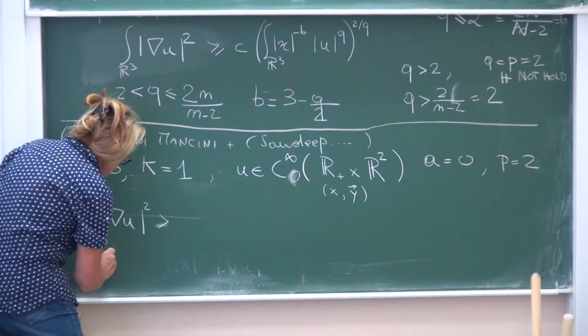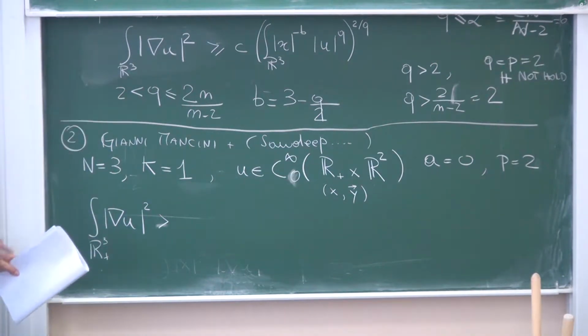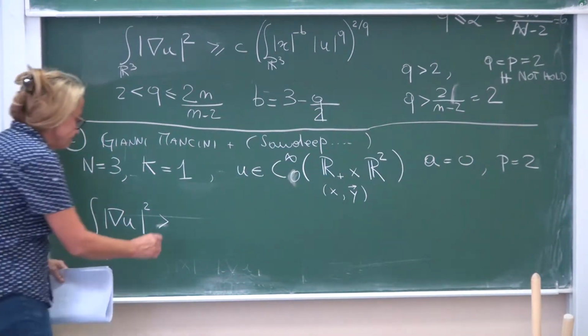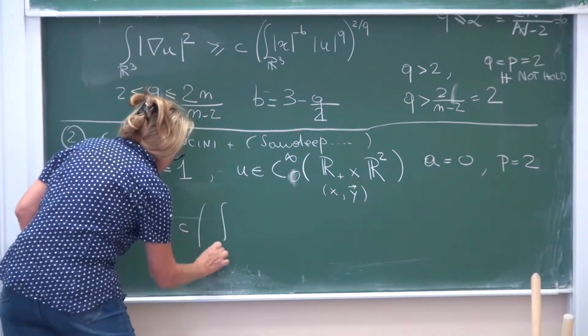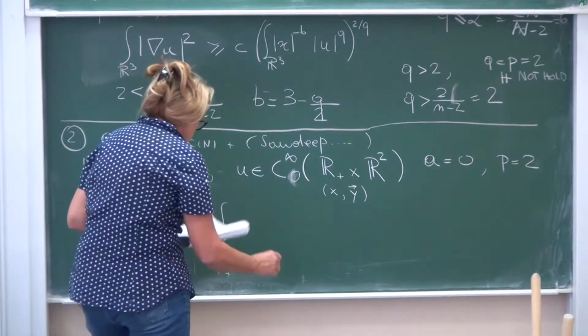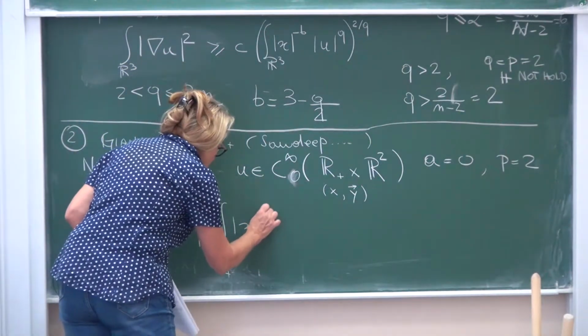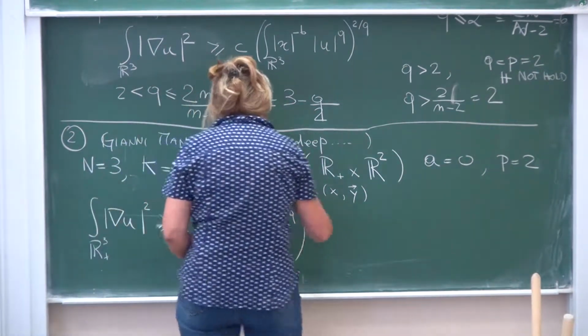Let me call this space the positive half physical space, R3 plus. Half space. So this inequality holds, with B given by the usual rule.